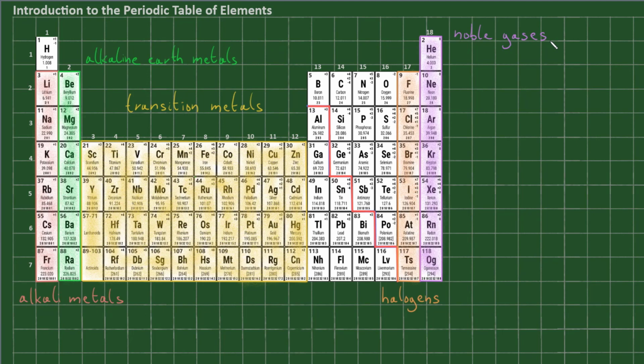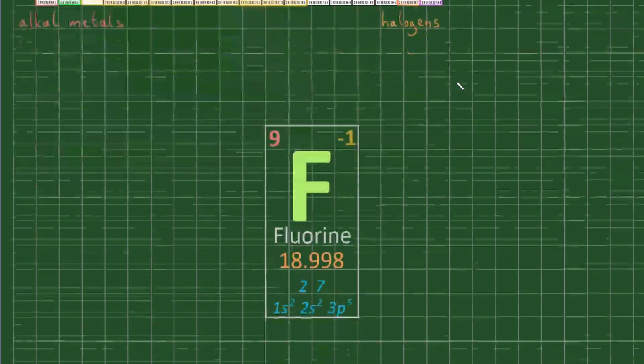Alright, so now that I have explored some of the features of the periodic table, what is the information that we can get from the periodic table? Each little rectangle with the chemical symbol in the middle provides quite a lot of useful data. So for this exercise, I'm going to focus in on fluorine, and explore the information that I can find in this little box. For that, I'm going to scroll down a little bit.